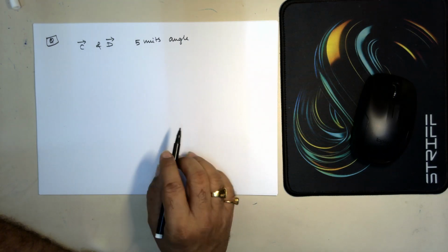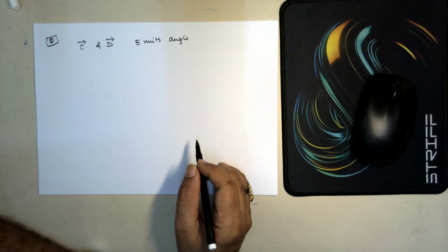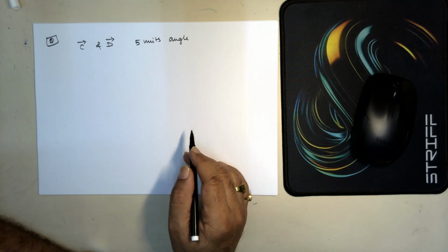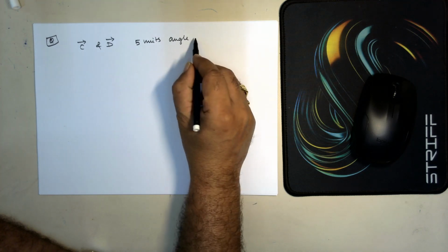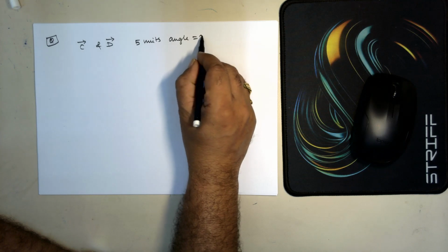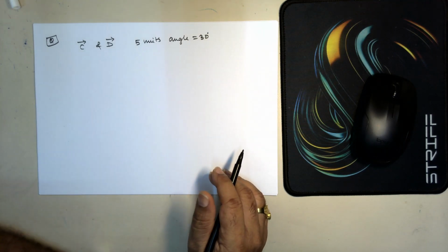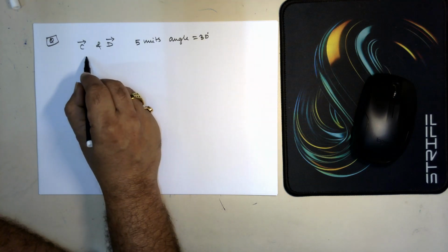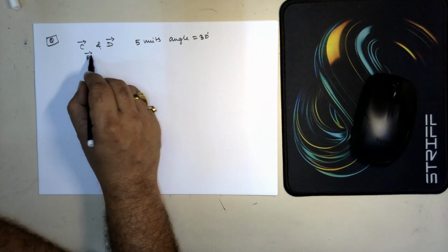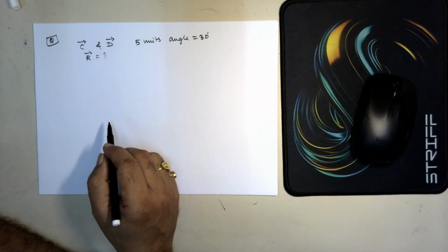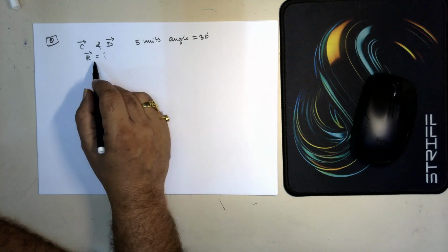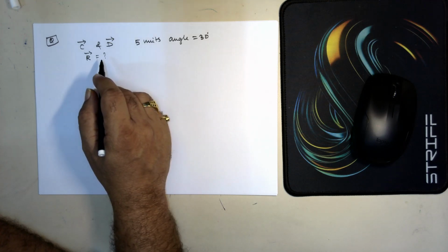Angle means the angle between the two vectors, right? 30 degree with each other. Find the resultant vector. So we have to find out the magnitude as well as the direction.